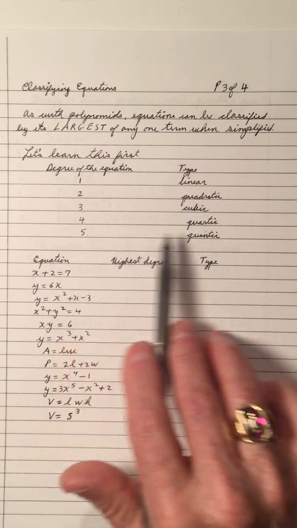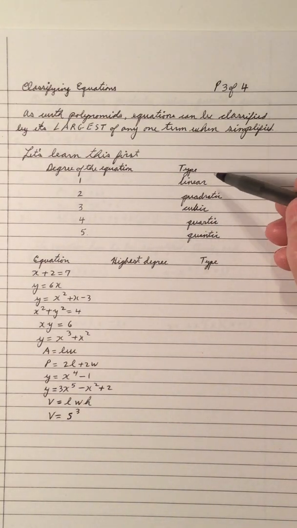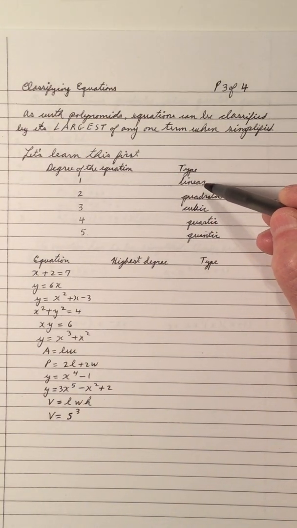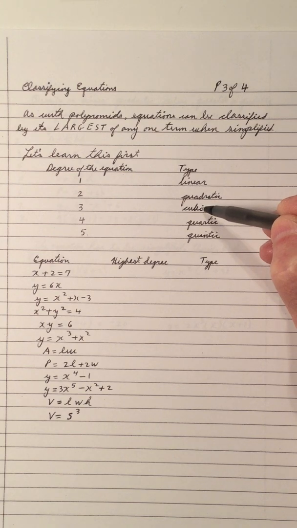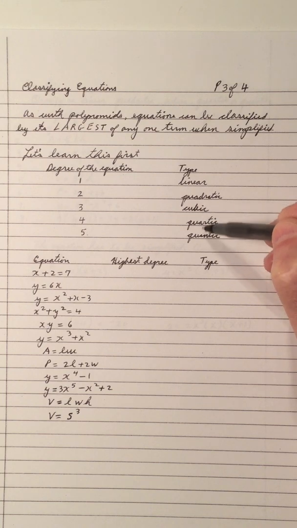quartic, 5 is quintic. Right now in this unit, we're talking about a linear at degree 1. Quadratic will be done in grade probably 10 or 11. Cubics is done probably late 11, could be grade 12, but these will come in later, but I have to mention them now.